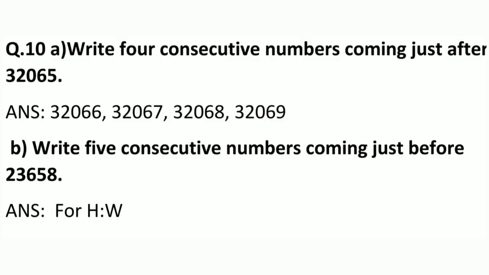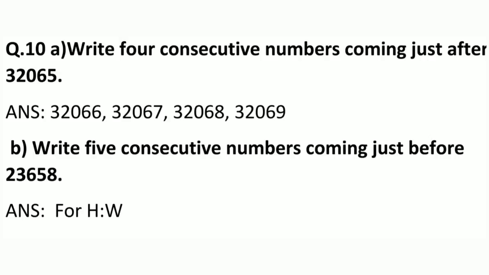The next question is question number 10, which states: write 4 consecutive numbers just coming after 32065. Now how to find the consecutive numbers? You just have to add 1 to the given number in sequence. If you add 1 to 32065, you will get your first consecutive number as 32,066.